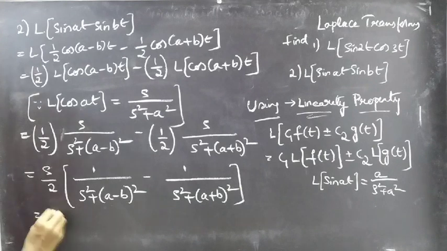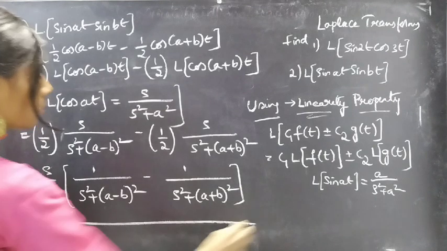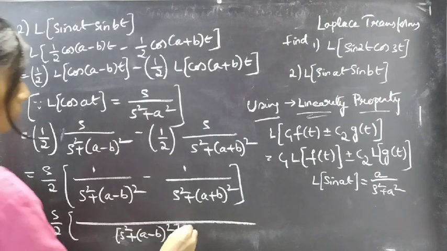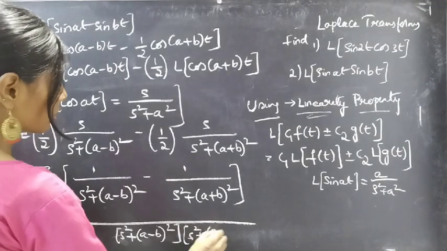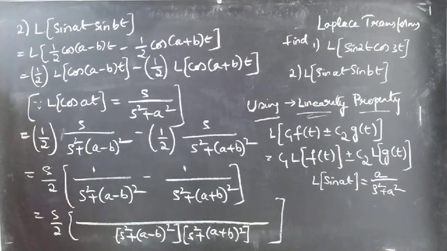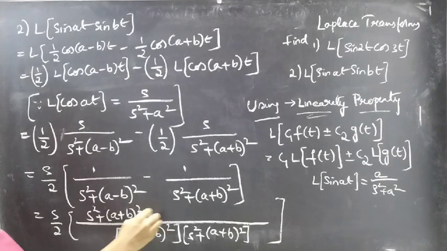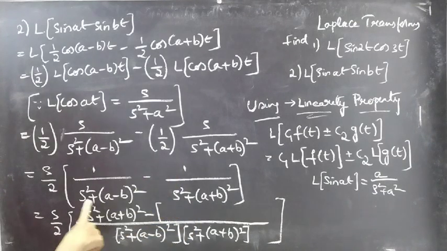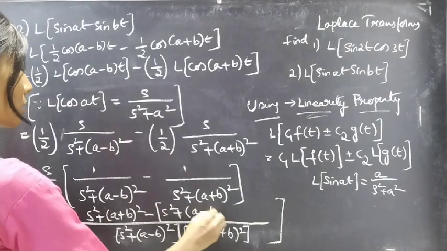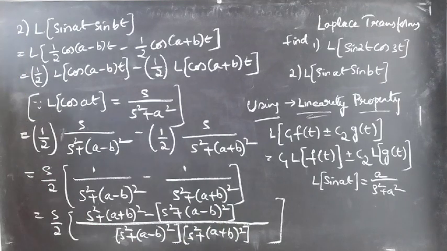We'll get s by 2 into, here, s square plus (a minus b) whole square into s square plus (a plus b) whole square is the LCM, and in the numerator we'll get 1 into s square plus (a plus b) whole square gives s square plus (a plus b) whole square, minus 1 into s square plus (a minus b) whole square gives us s square plus (a minus b) whole square, right?